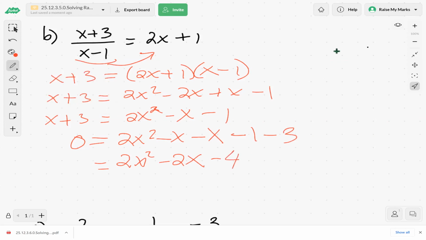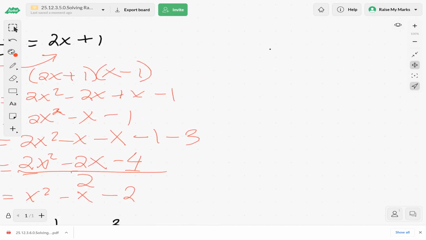All right. So there's a common factor of 2. Let's divide everything by 2. That gives us 0 equals x squared minus x minus 2. Now let's see if we can factor this.